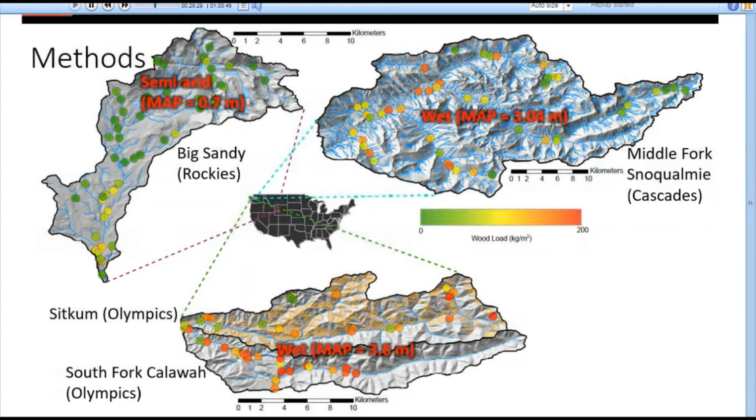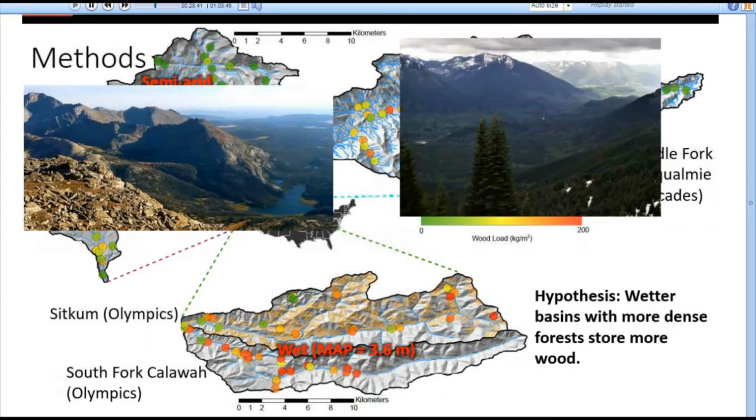So the reason I'm talking about climate here is because I'm setting up the first hypothesis that went into this research, which is that these wetter basins that tend to have much denser upland forests should tend to store more wood along their river networks. So I know this is hard to see, but that picture over there is from the Middle Fork Snoqualmie, showing the kind of typical temperate rainforest that we tend to see here in the Northwest.